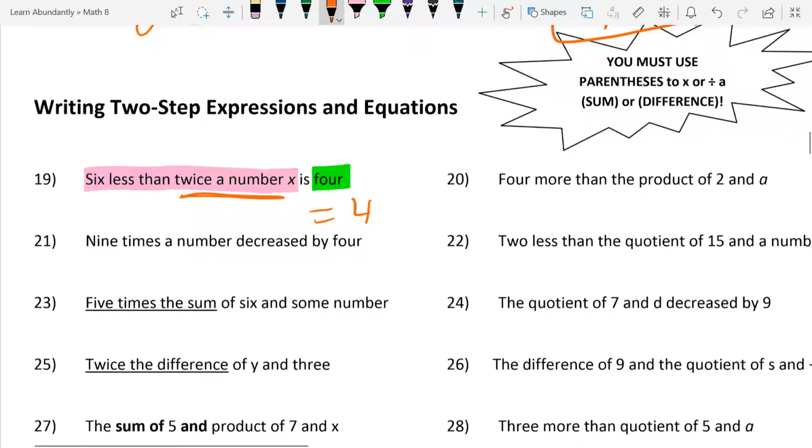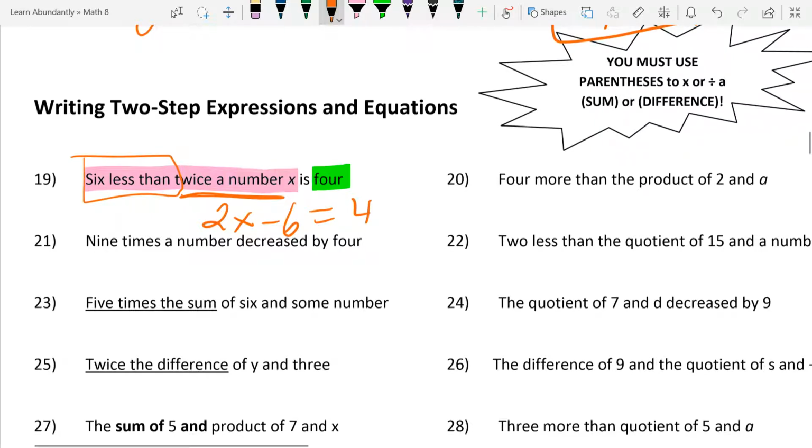Twice a number means I should have 2 times x. But I also have 6 less than. So I need to also subtract 6 because less than means I change the order. So instead of the 6 being first, the 6 is after that. So it says minus 6. And so I end up having two things happen. So I have 2x minus 6 equals 4.